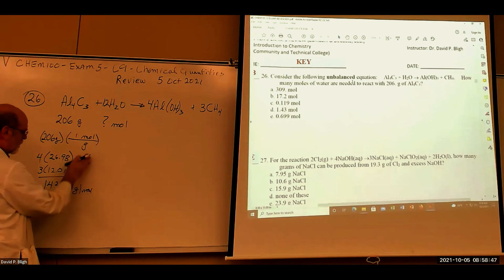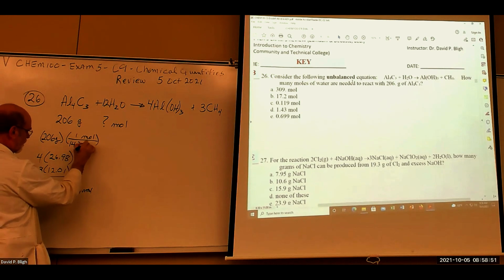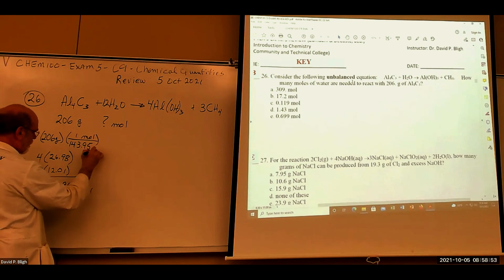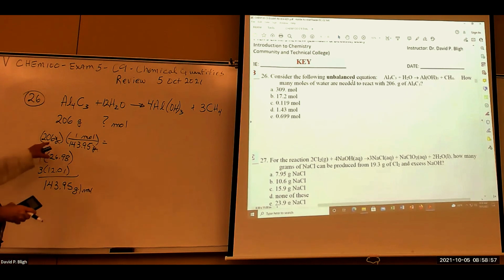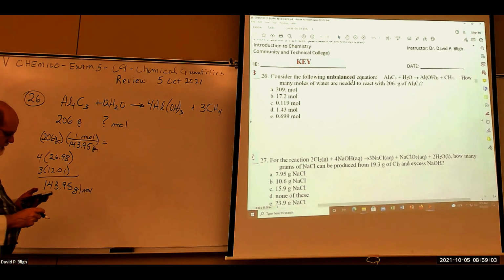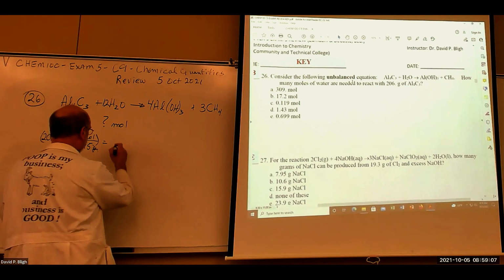So this one's going on the bottom. I have to cancel grams. Now we divide 206 by that number, and I get, to three significant figures, 1.43.